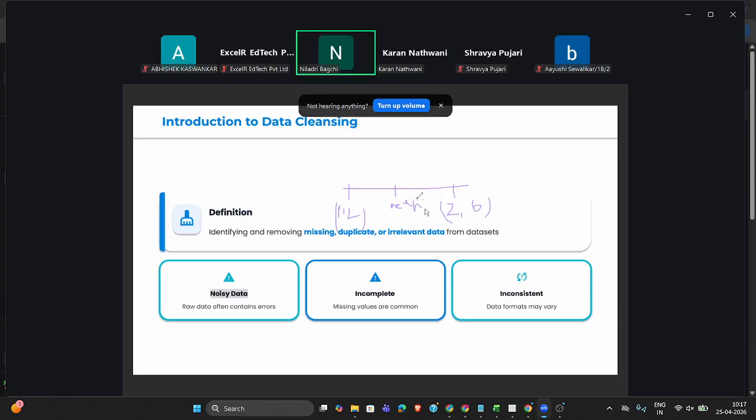So this could be one aspect of it, that this is your mean, and another could be if I do alpha of this and 1 minus alpha of this and sum it, then based on different values of alpha, I will get different values in between. Are you able to get my point?